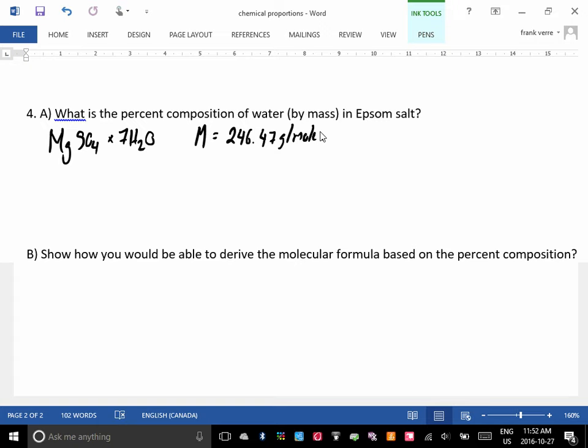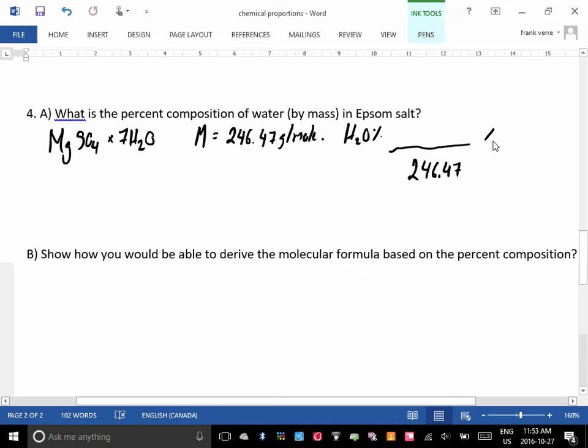What then would be the amount of water that would represent its mass percent? So that percent of water then would have to be, if we had 1 mole, something over 246.